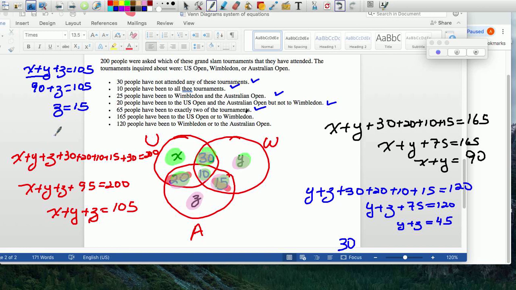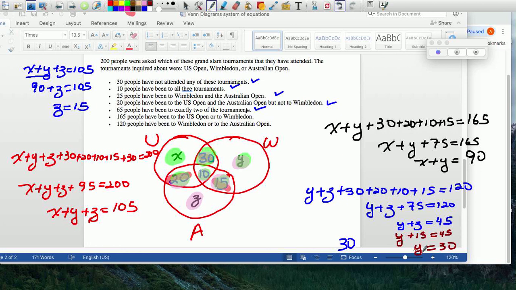Yeah? So with this information, I can go here, down here, and we can replace z with 15, so I can get y plus 15 equals 45. If I subtract 15 from each side, right, I'm going to get y equals 30. So I have a y, I have the z, and I'm missing the x.